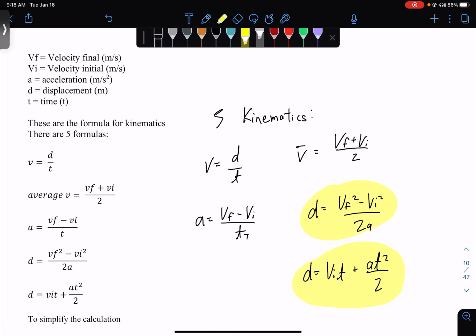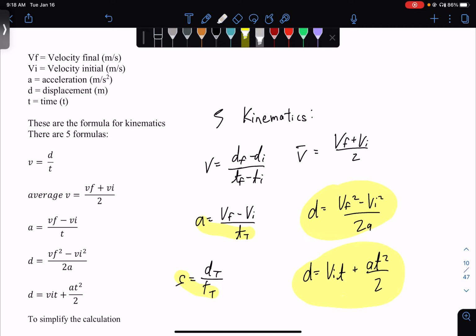So yes, it's important to know the differences. Velocity, df minus di over tf minus ti. For speed, distance over time total. As you can see, for acceleration, the denominators, together with the formula for speed, are the same.